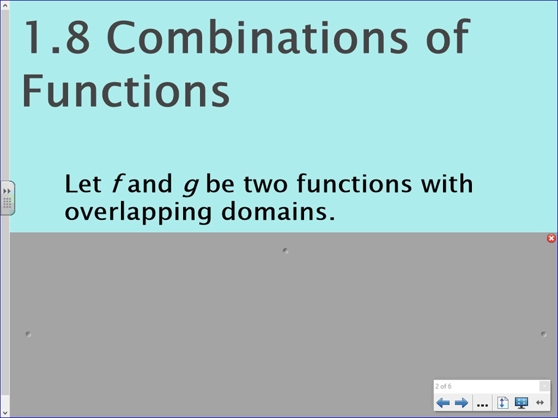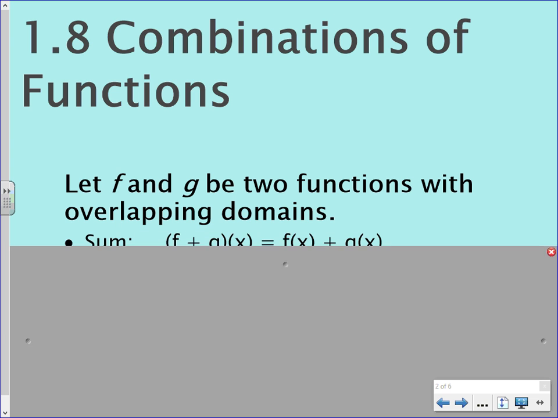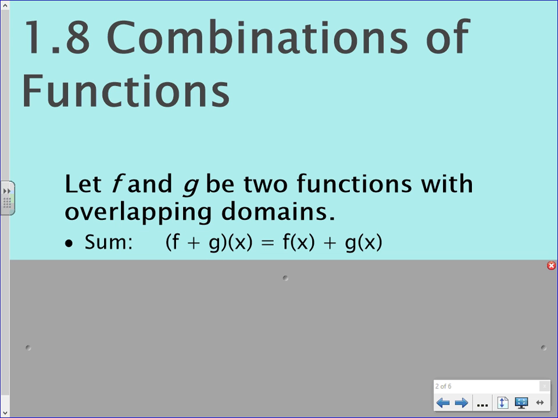Okay? Here is the notation that you need to get used to. If I'm asking you for the sum, we're used to f of x plus g of x, but this is what it's going to look like: (f + g)(x).